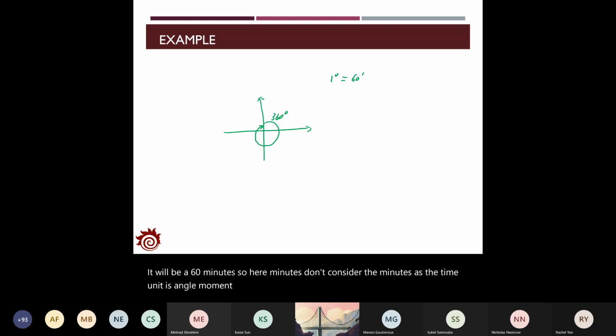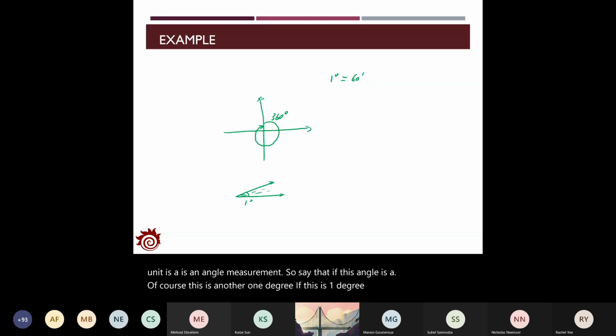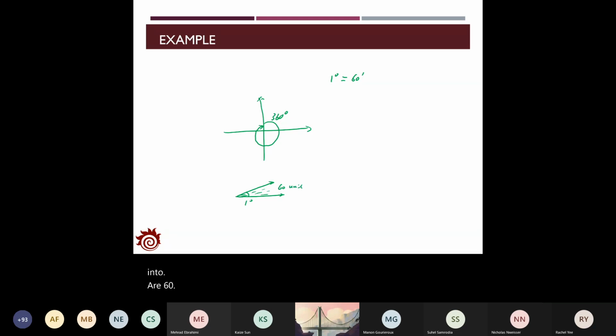If this angle is 1 degree, we divide it into 60 units, and each one is 1 minute.